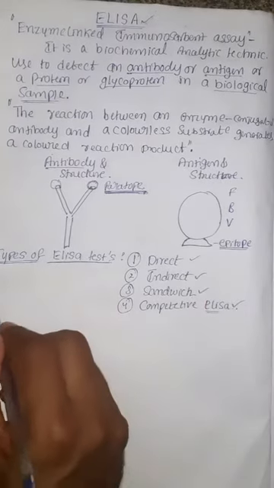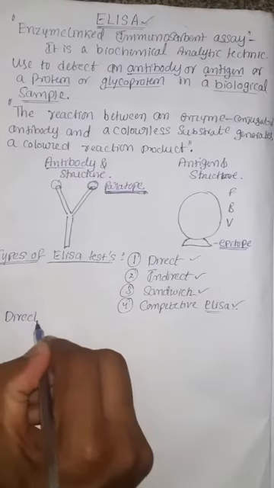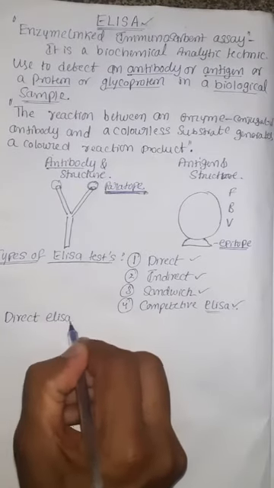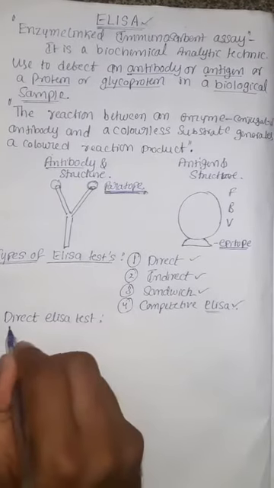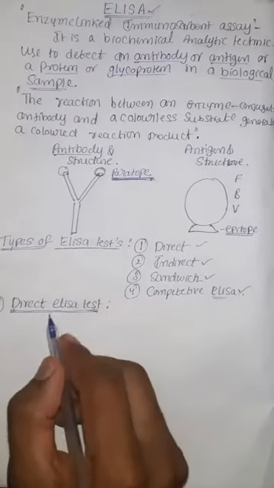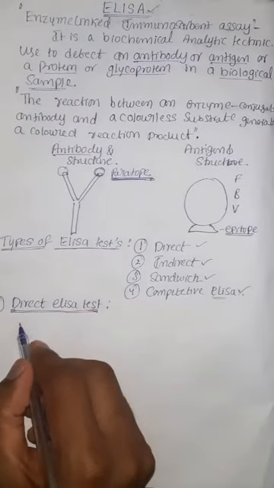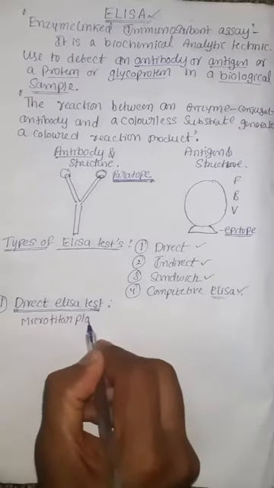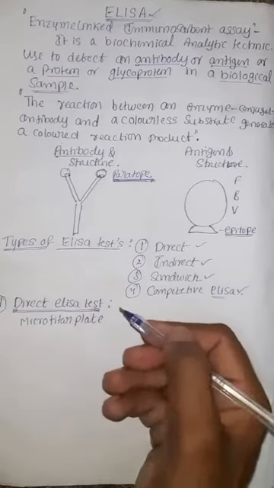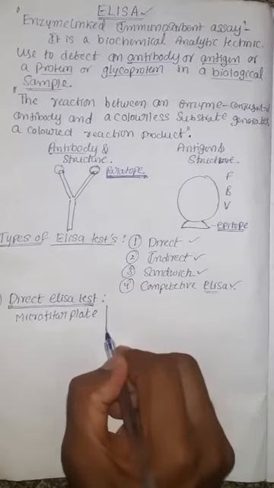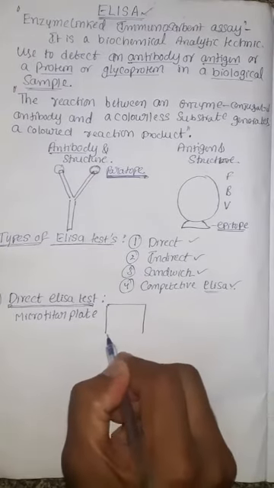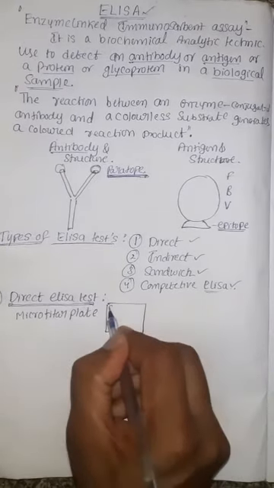First we will start with the direct ELISA test. Before that we need to know an important requirement, that is the micro titer plate. It is nothing but a solid plate consisting of small wells.